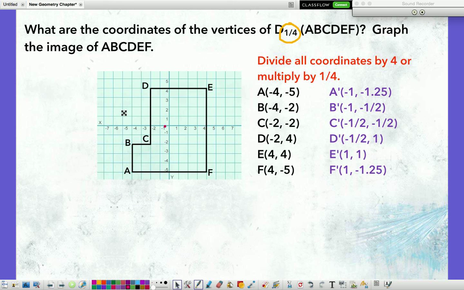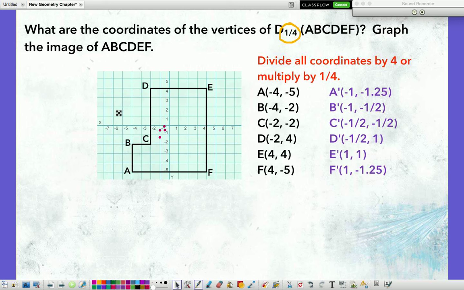So we have -1, -1 1/4. We have -1, -1/2. We have -1/2, -1/2.